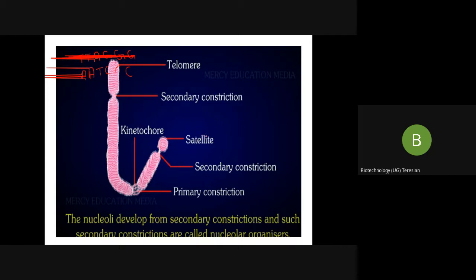And we can separate the satellite chromosome from that of the main chromosome by using the density gradient. So when you do the density gradient, they form a satellite band near the main band. Okay. So suppose this is a centrifuge tube. We will be having the main band like this.